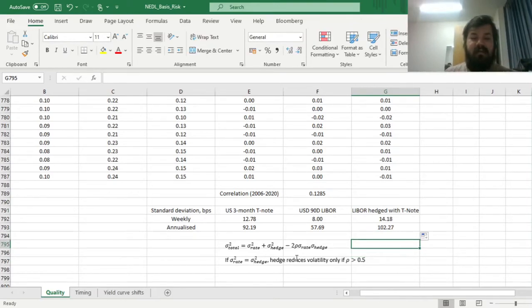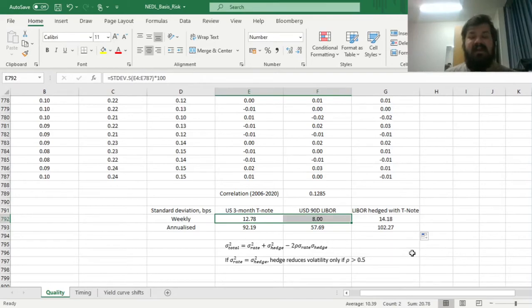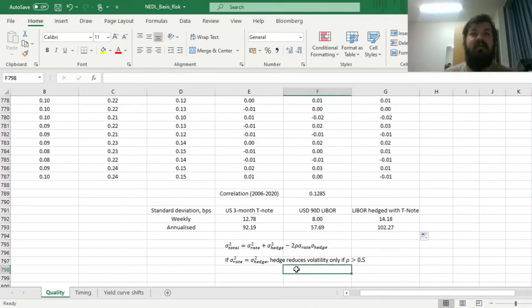And here, if we assume that the variances and the volatilities of the initial rate, the LIBOR rate, and the rate we use to hedge are roughly equal, which is not exactly the case here, but bear with me, that is just for mathematical simplicity, we can derive that our hedging position reduces volatility only if the correlation between our initial exposure, the true interest rate we want to hedge, and our imperfect hedge we use to reduce the risk, well, the decrease will be achieved, the hedge would be effective and productive only if such a correlation is higher than a half.